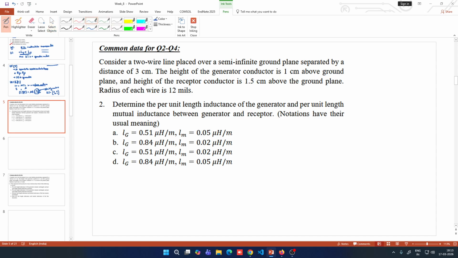We have seen this in lecture number 37, where two wires are above the ground plane. The first is the generator, which I denote as G, and the receptor R. The generator is 1 centimeter above the ground, and the receptor R is 1.5 centimeters above the ground plane. So this is our ground plane.